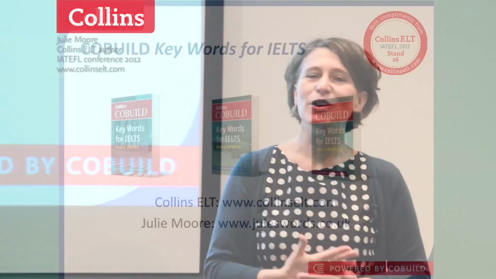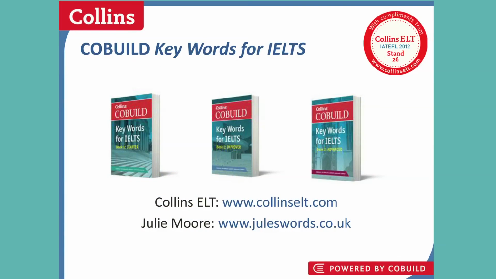I used one set of data, the AWL and the Cobuild. I filtered it through certain criteria to come up with a set of words that are useful. But then as a teacher and as a student, you're going to filter that again. You can't say, oh, I'll take this book, learn all the words, and I'll pass IELTS. You use your own criteria for what you already know, what you're interested in, but hopefully it'll be a useful guide.